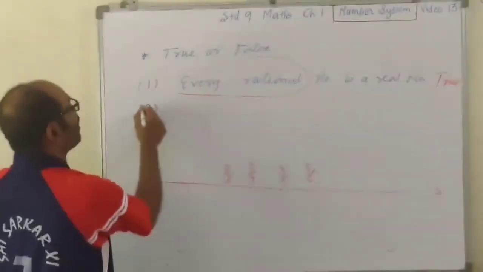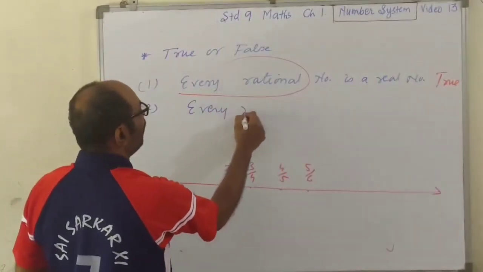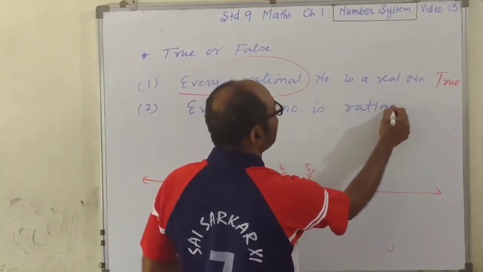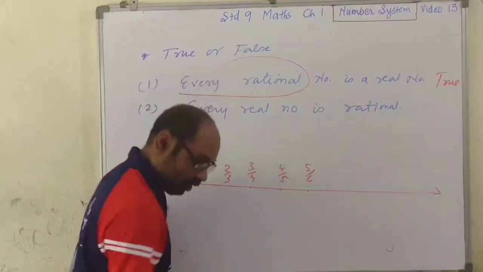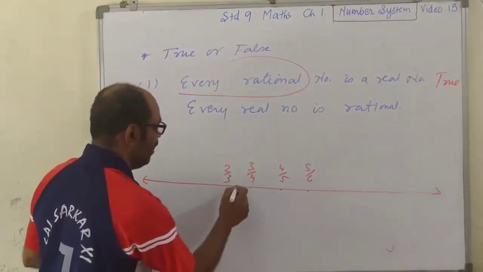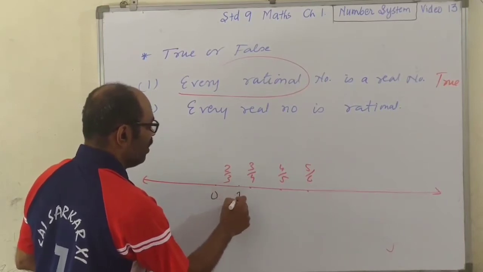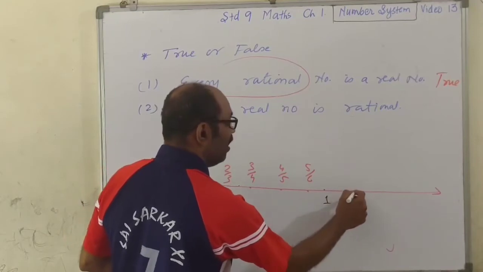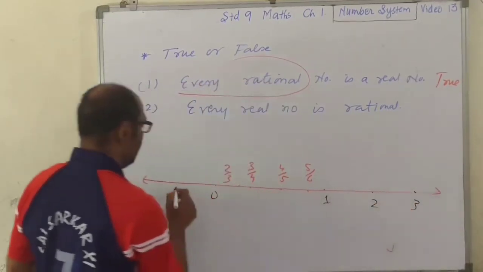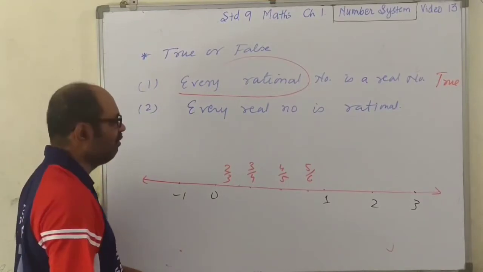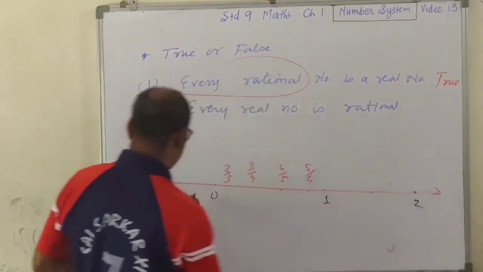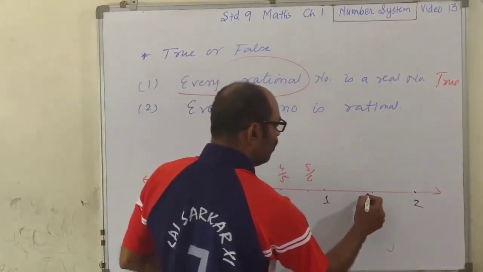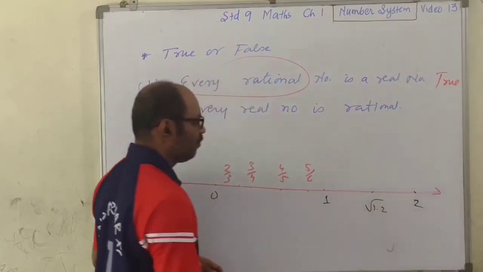Now its converse: every real number is rational. Let's see. This is 0, this is 1, this is 2, this is 3, this is -1. Then somewhere here you will have √1.2.